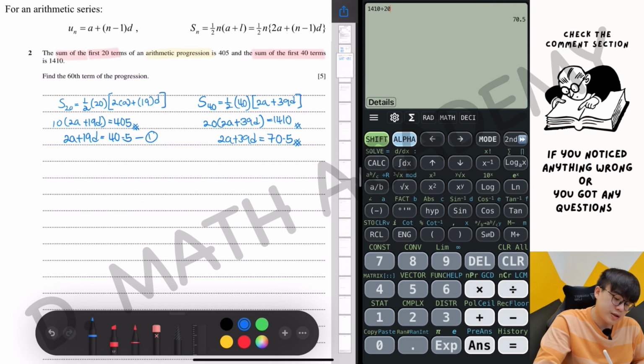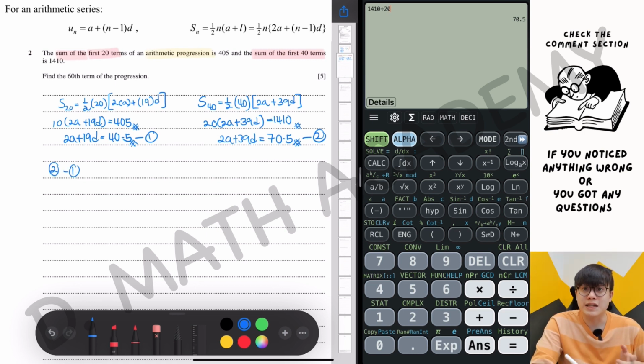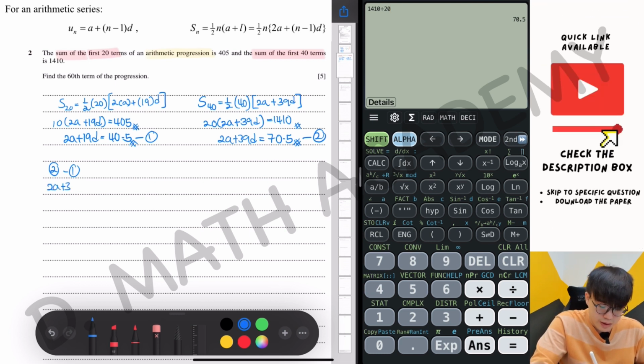Then I label this as my equation 1 and this as my equation 2. You can use the elimination method that you learned back then in your mathematics, and then you will have 20d. Just in case you can't catch up with me, I write it in detail here.